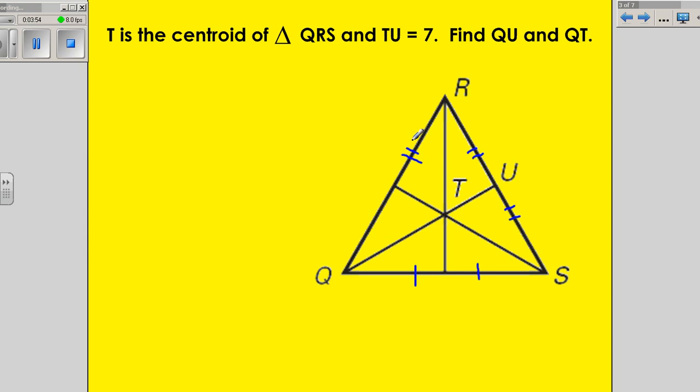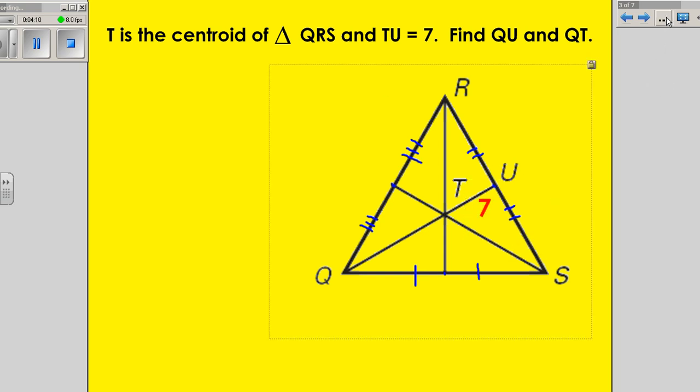So if all these points located on the sides of the triangles are the midpoints, we know that they bisect those sides. What they also tell us is that TU is 7.